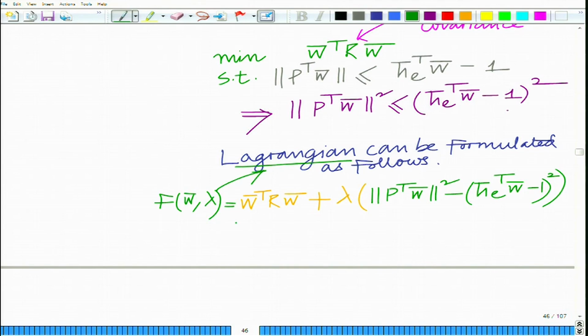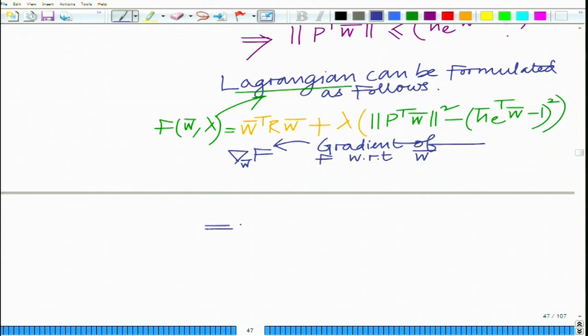Now, differentiate, take the gradient with respect to W bar. So, the gradient of f with respect to W bar, of W bar transpose R W bar, we know this is twice R W bar.